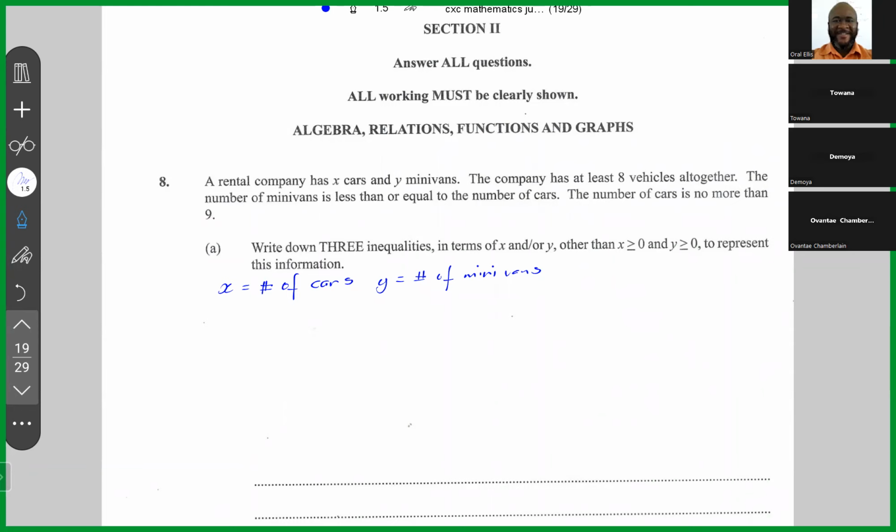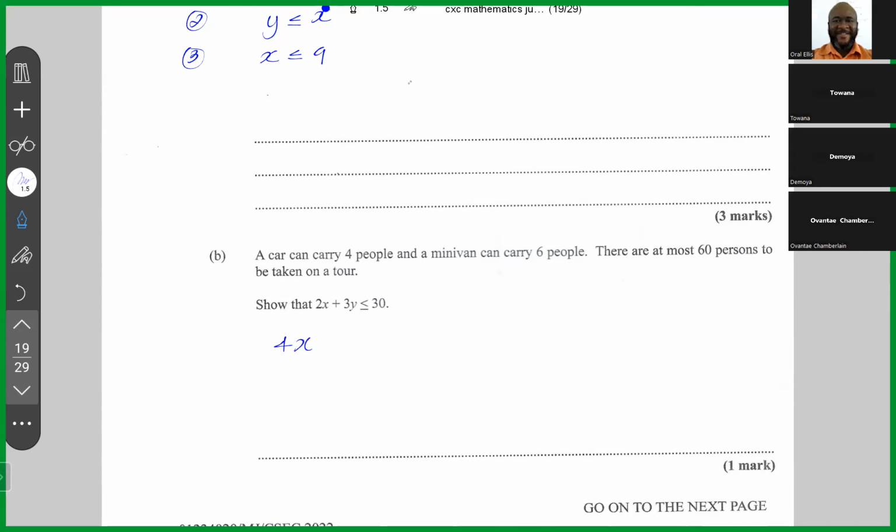Now, there are X cars and every car can carry 4 persons. So X cars will carry a total of 4 times X, 4X people. There are Y minivans and each minivan can carry 6 people. So the Y minivans will carry 6Y persons.